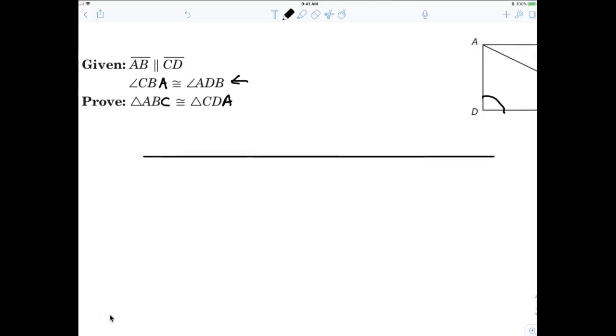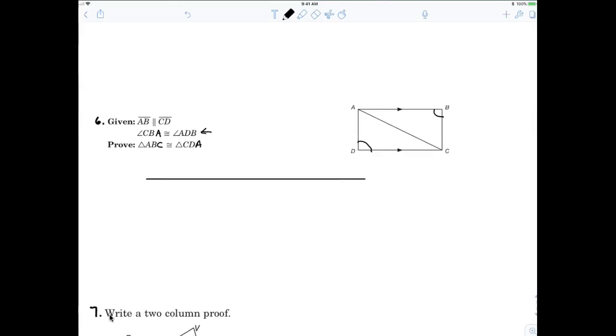Yeah, angle ABC, instead of ABB, because then again you're getting that diagonal. This would be ABC. I'm trying to prove this triangle, right? No, it's not about what it's for proving, it's the given. I understand that.